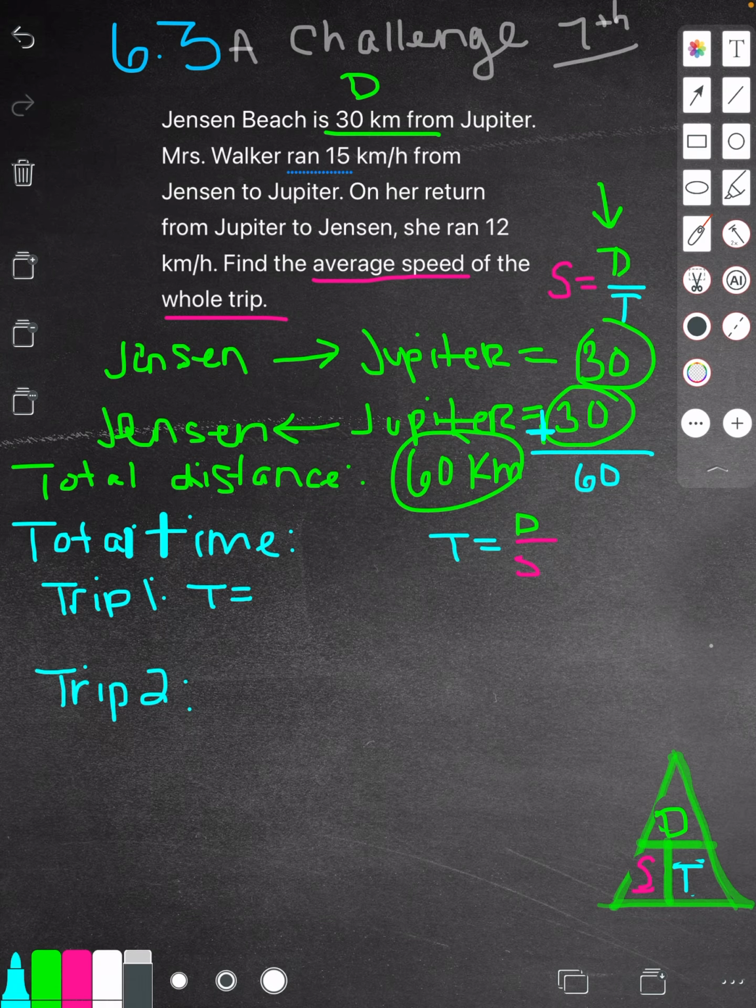Mrs. Walker ran 15 kilometers an hour. Okay. From Jensen to Jupiter. What's the speed that she went on the first trip? Everything in this sentence is first trip. What is the speed that she went? Well, it tells us she went 15 kilometers an hour.